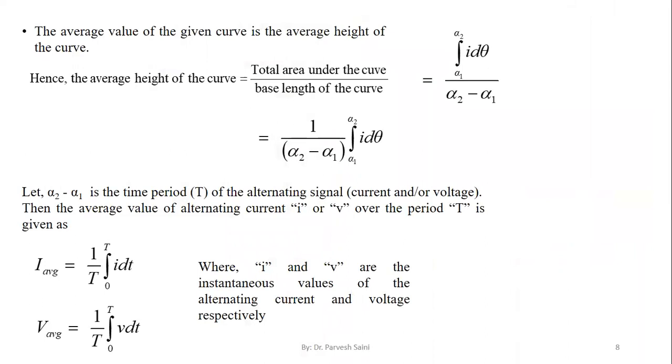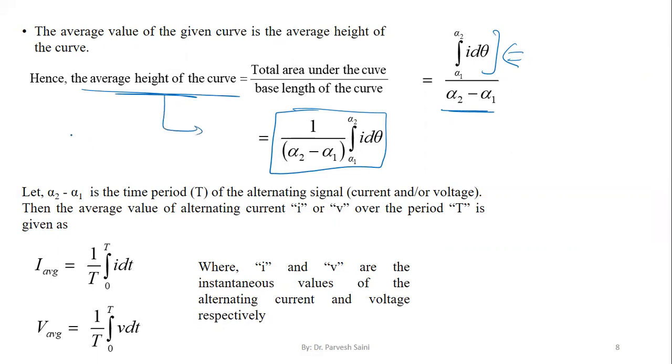So now, this is what we were discussing here. When we divide the total area by the base length, we get this equation here. This gives us the average height. The average height is basically the average value of the curve.